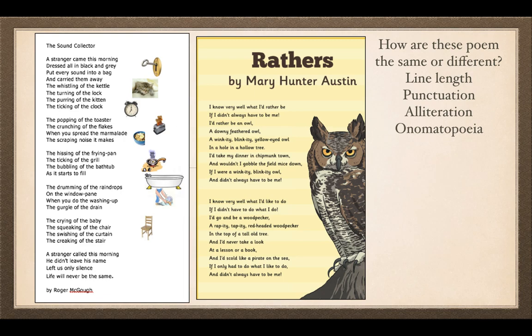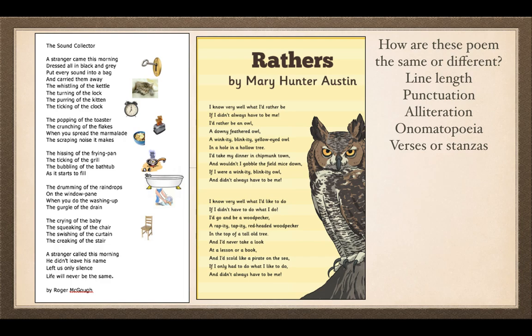Onomatopoeia. Well, we've done onomatopoeia. Do both poems have onomatopoeia in them, or just one? And if it's one, which one is it? Now, verses or stanzas. Now, verses and stanzas are the same thing. Do these poems have the same number of verses?